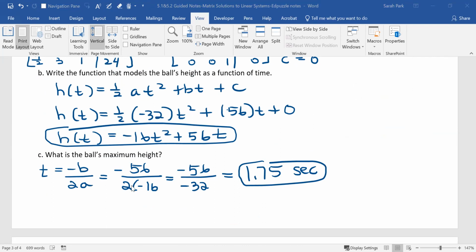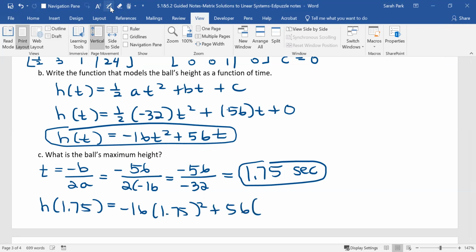So using that, we have to plug it back into our function. So h of 1.75, we plug that into our function. We have negative 16 times 1.75 squared plus 56 times 1.75.